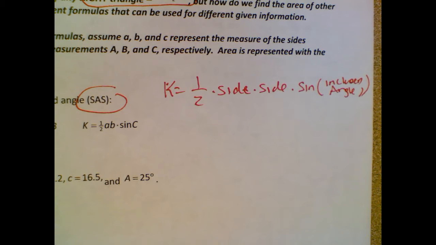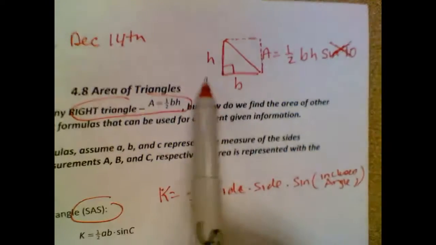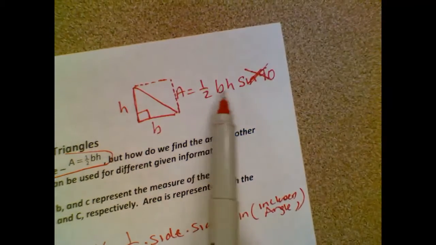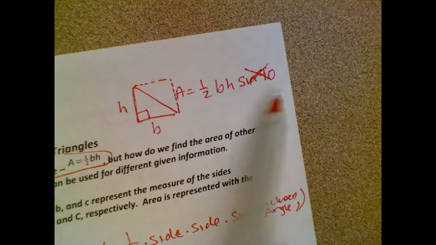So you don't have to get caught up with which one is A, which one is B, which one is C. You just need to know that going in, you have a side, angle, side, and it's going to be 1/2 side times side times sine of the included angle. So again, back to a right triangle, if that was the case, you would go 1/2 side times side times sine of 90.